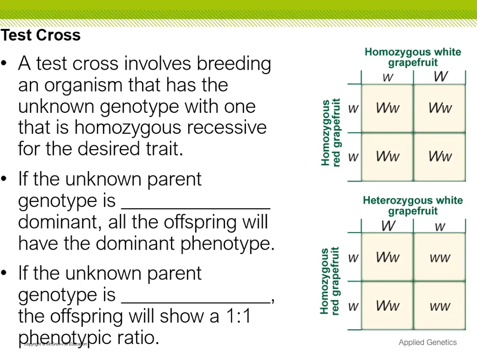So if we have a parent and the unknown genotype is homozygous dominant, so homozygous WW, if it's homozygous dominant, all the offspring are going to have that dominant feature, right? We know this.